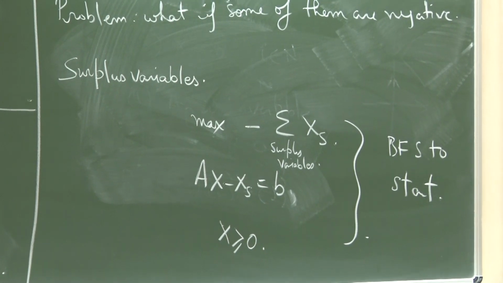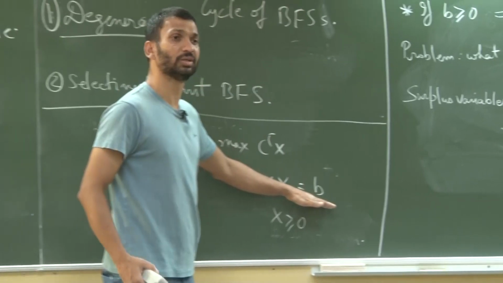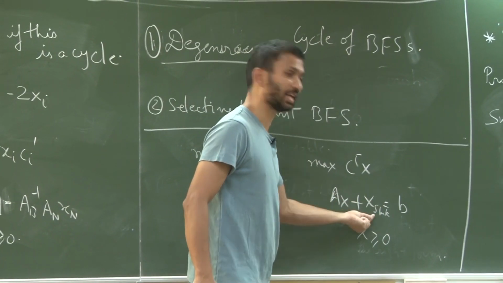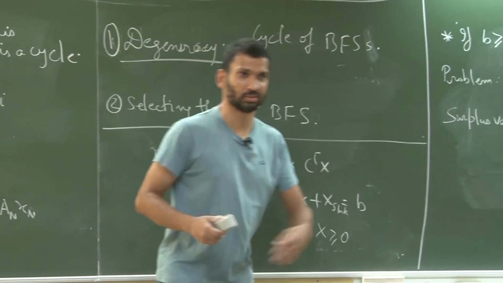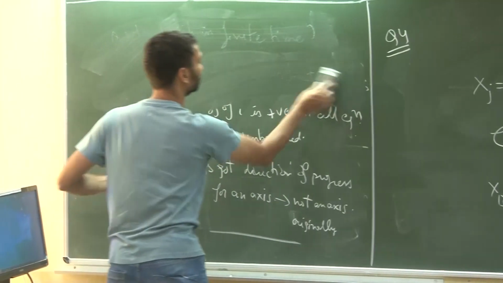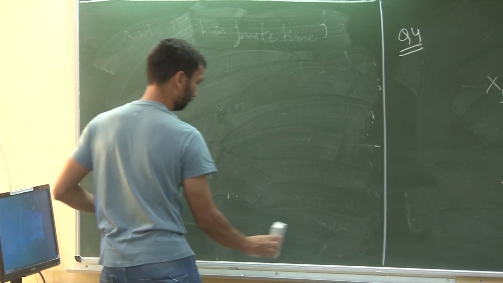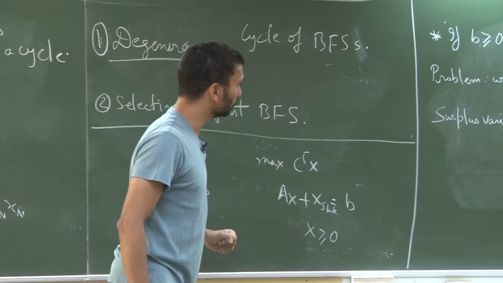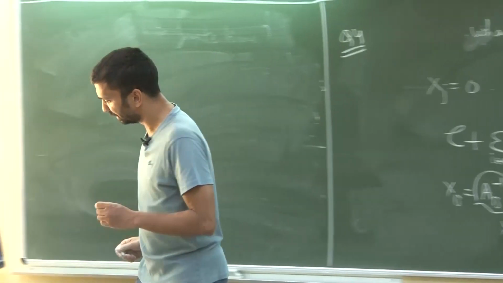How exactly do we define surplus? Simply put, wherever my B was negative in those equations, I will put an extra variable. So I will take an example. Obviously a small example because this is going to take some time, but let me take an example and then you can tell me if things are clear to you.